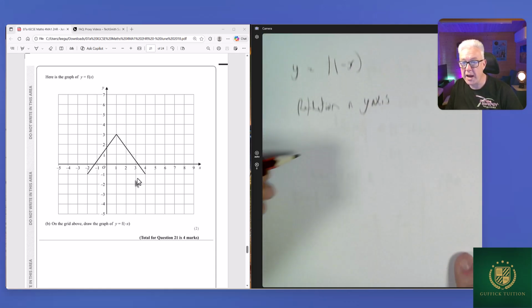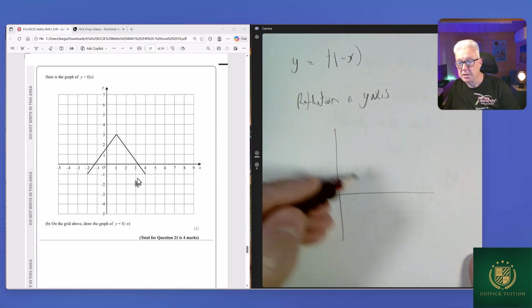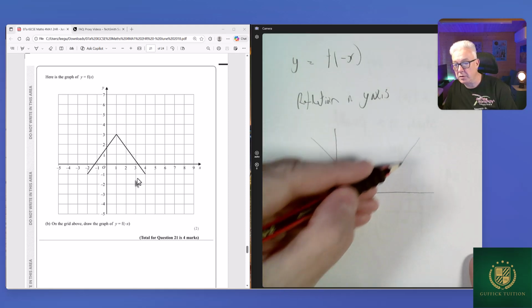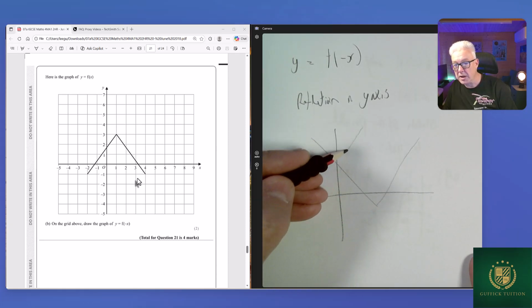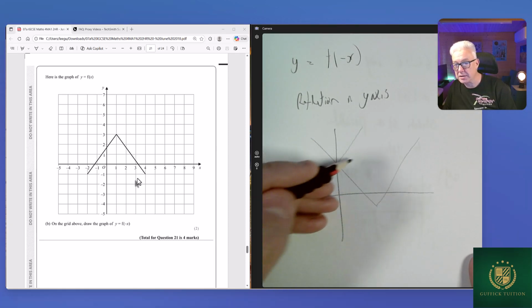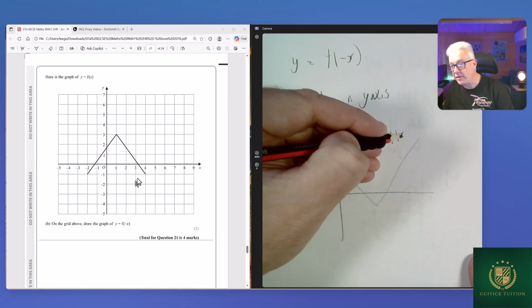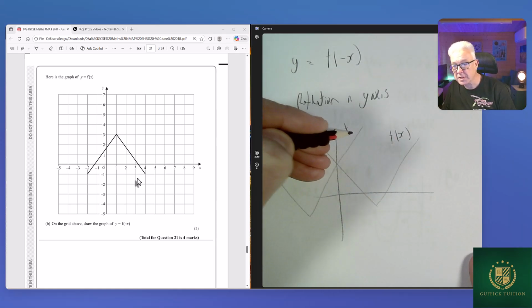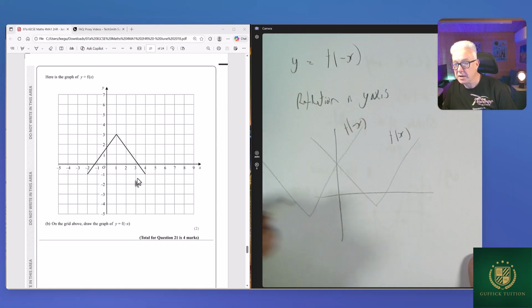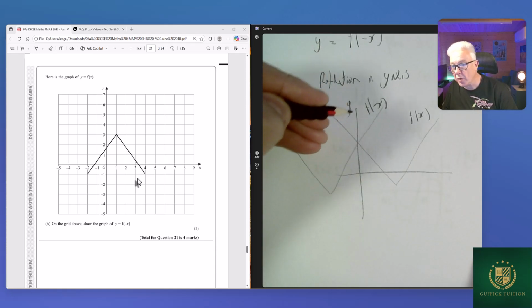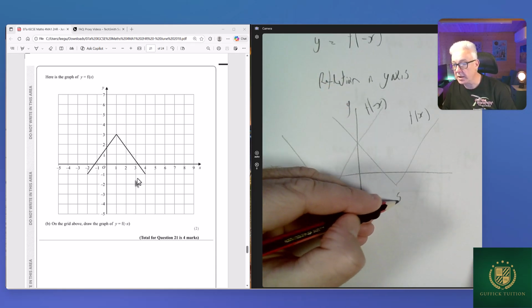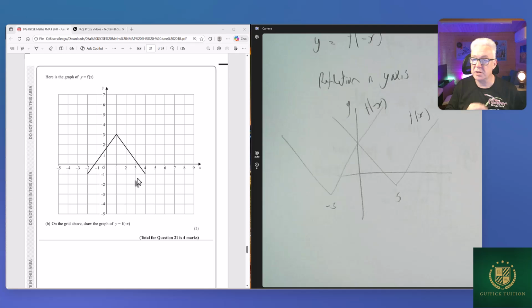So the y-axis acts as a mirror line. So if your original graph looked like that, your image is going to look like that. So if that was our f of x, then this one is going to be our f of -x. So it's been reflected with the y-axis as being the mirror line. So if that was 5, that would be -5, and so on.